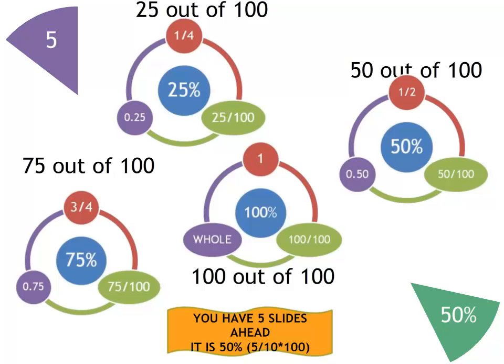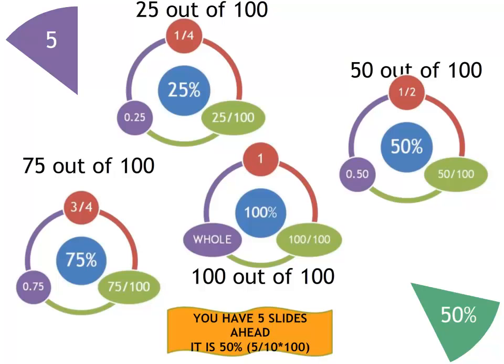For example, let's take 25 out of 100. 25 out of 100 is 25% and 1/4 as a fraction, because when you reduce 25 by 100, you get 1/4. And lastly, it is 0.25 as a decimal. Again, 50 out of 100 is 50%, half as a fraction, and 0.50 as a decimal.